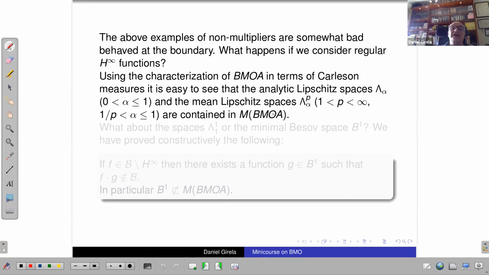But let's see, once we notice this, then we try to think if we have not so much regularity, something a little bit less regularity.